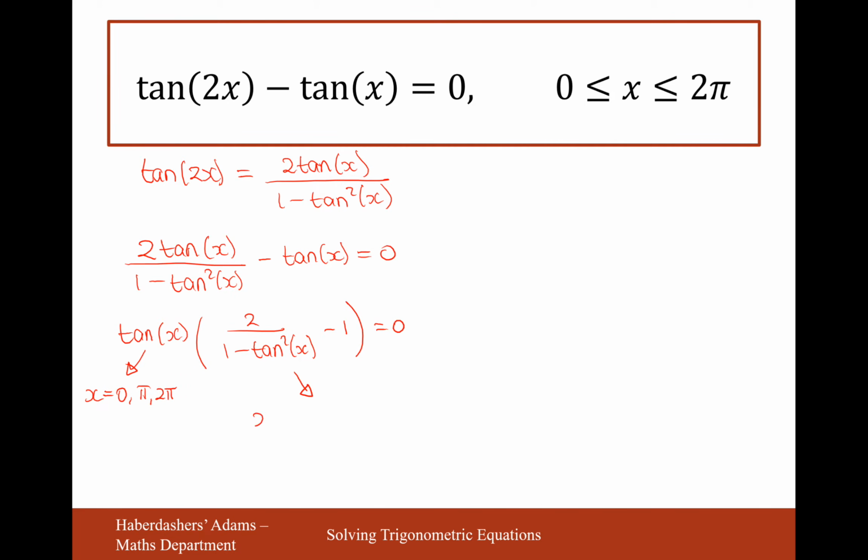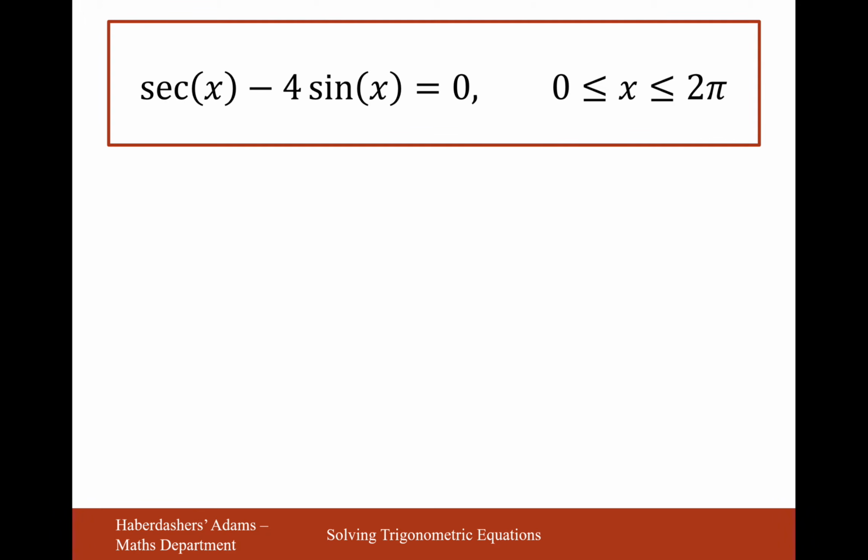So therefore 2 will equal 1 minus tan squared x, in which case tan squared x will equal minus 1, which has no solutions, because you can't square something to get minus 1. So there we are, that's the answer to this question then. So the answers are just 0, pi and 2 pi.